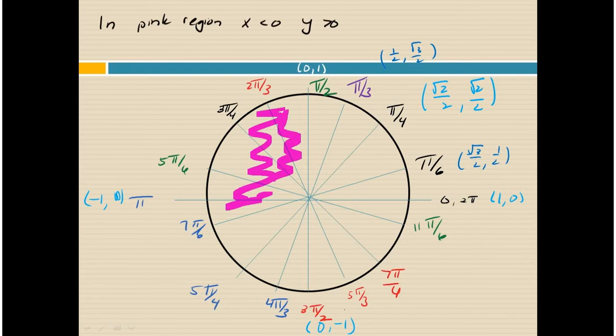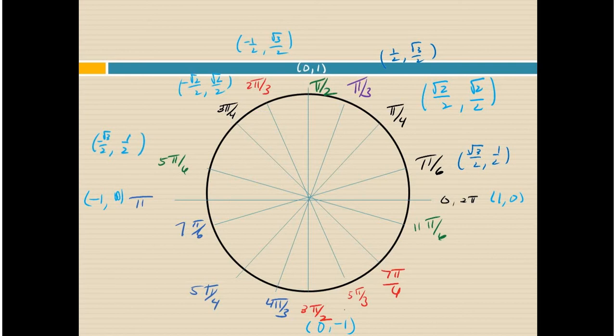What about the values in that pink region? Now, how do I fill those out? Well, it's pretty easy. I can fill it out pretty fast now. First of all, the y-coordinates, that's how far the elevator goes up, are going to be exactly the same as the y-coordinates I just filled in. So right here, I have a 1/2, so right here, I'm going to have a 1/2 as well. The only difference is, instead of going to the right on the x-axis, I'm going to the left.